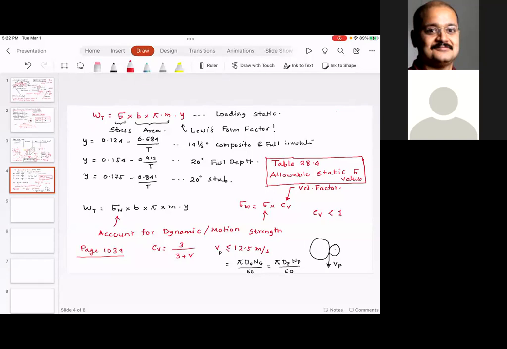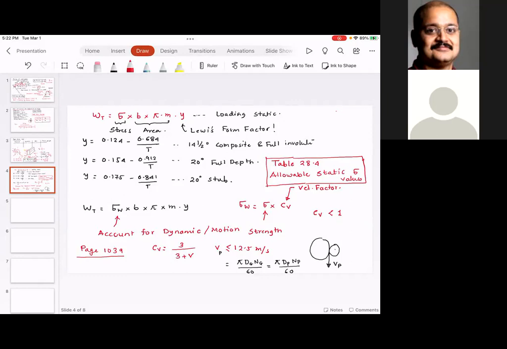However, there is one important equation that is not very clear. Please look at the note at the bottom. The allowable static stress for steel gears is approximately 1/3 of the ultimate tensile strength. Are you with me so far?